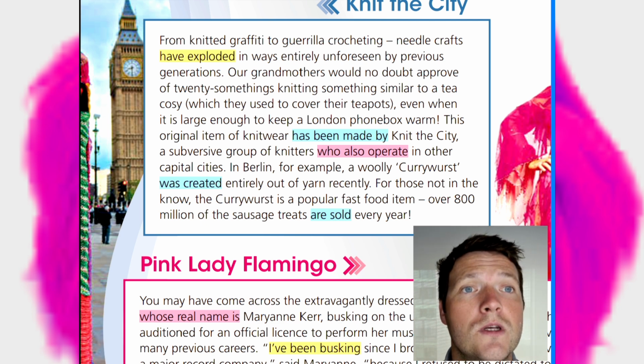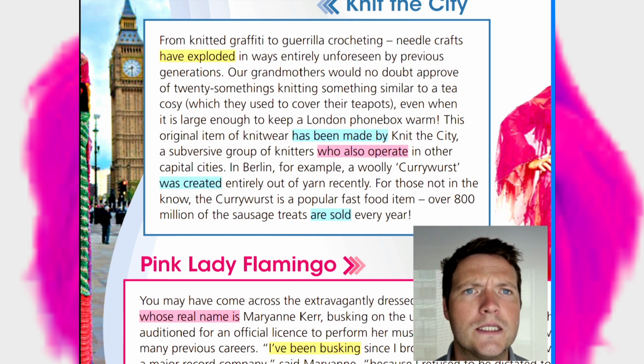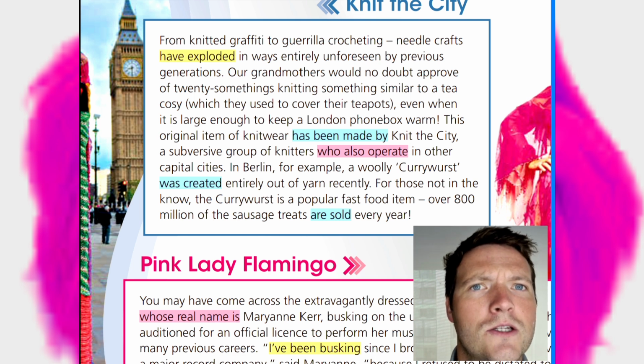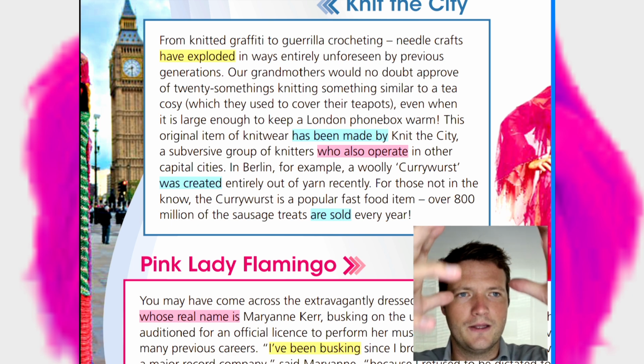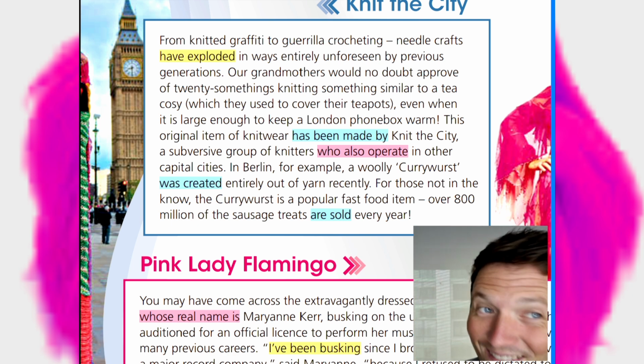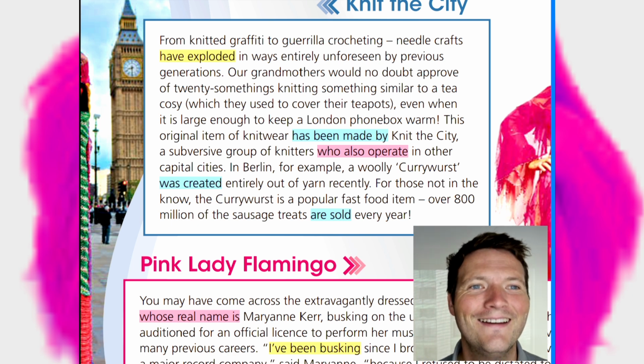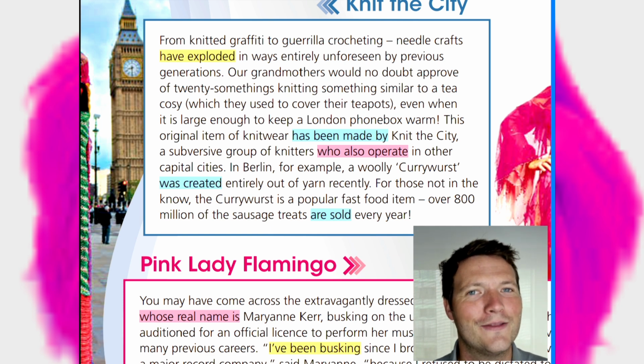Our grandmothers would no doubt approve of 20-somethings knitting something similar to a tea cozy, which they used to cover their teapots. Yeah, tea cozy, this is a very English thing. I mean, a teapot's a very English thing, but a tea cozy, now that's a thing.